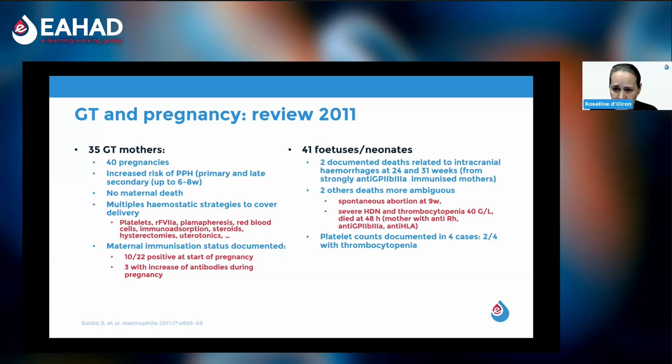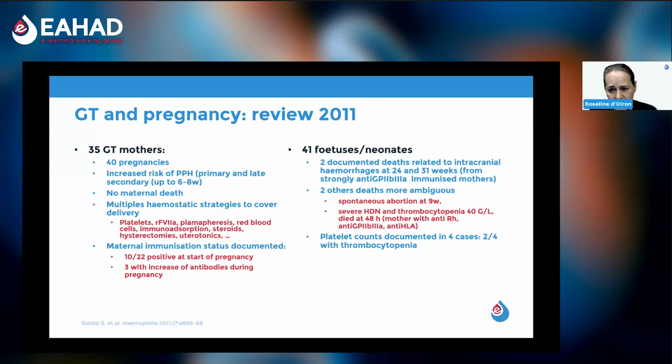Regarding what happened in those fetuses and neonates, there have been 2 documented deaths related to intracranial hemorrhage that occurred at 24 and 31 weeks of gestation, both in strongly anti-IIb/IIIa immunized mothers.